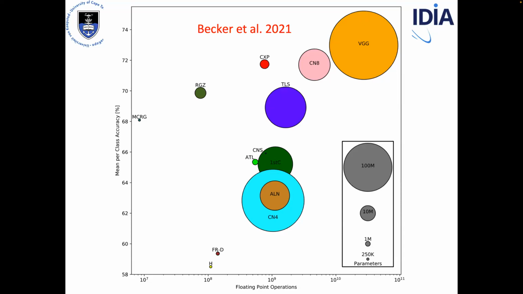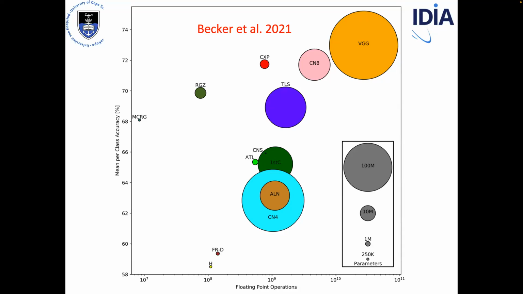So the size of, the position on the plot here tells you how fast the computer is in classifying a given galaxy. And as you can see, this is often due to the number of parameters that are included in a given model. A neural network is basically a model with several millions of parameters.